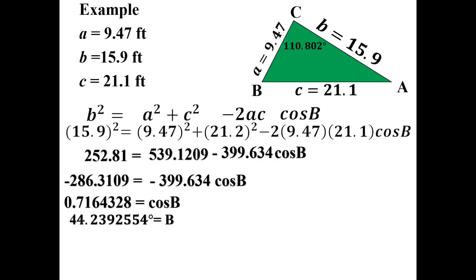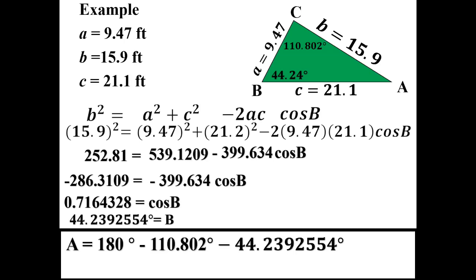Now that I know two angles, I can use those two angles and the fact that all triangles add up to 180 degrees to find the third missing angle. So 180 degrees minus angle B minus angle C, and we know that angle A is 24.96 degrees.